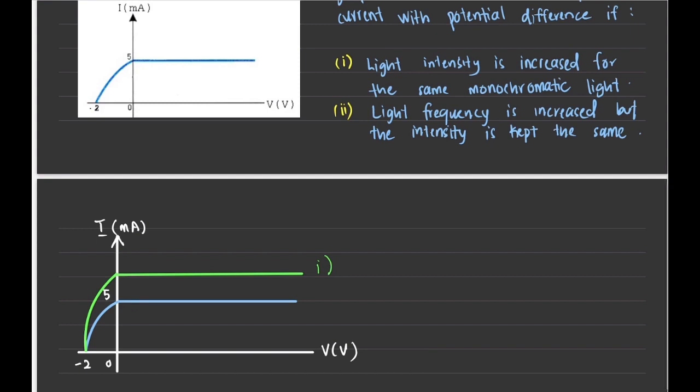The graph will be like this. It should be a straight line. This is the graph for the second one. So this is how you sketch and draw the graph.